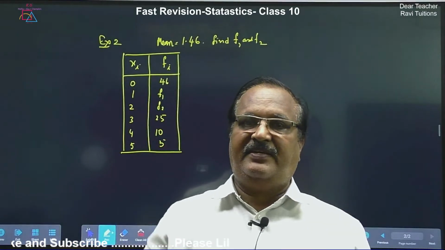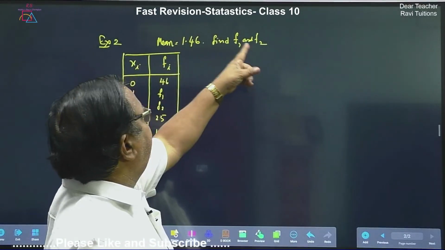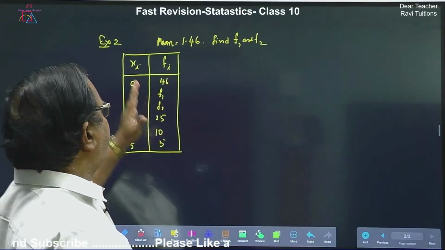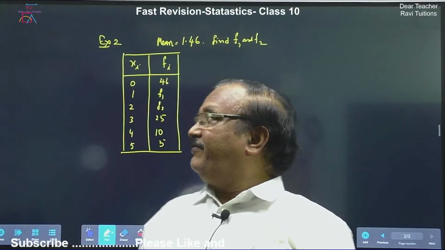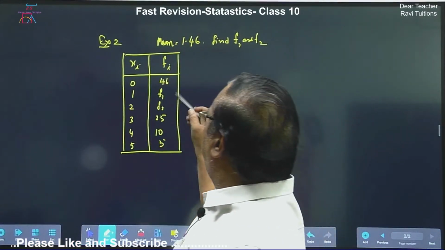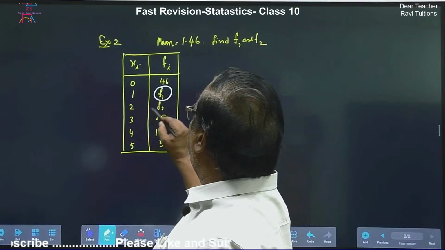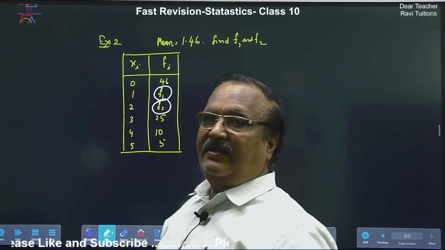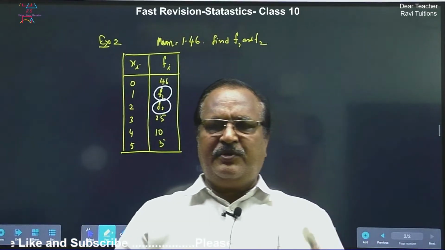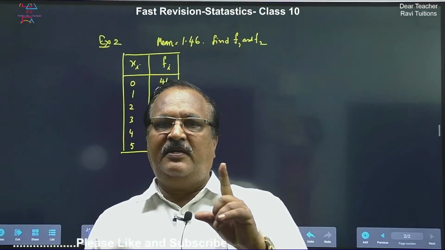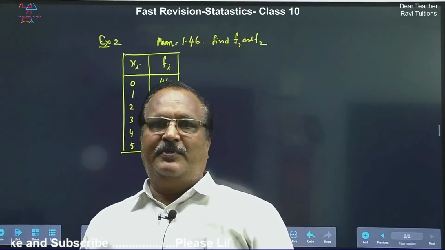Find the missing frequencies. So mean is given. Mean is equal to 1.46. xi is given. fi is given. Okay. So in fi there are two things. f1 is missing. f2 is also missing. And those two frequencies we have to find out. Same procedure. In the previous question, you got only one variable.